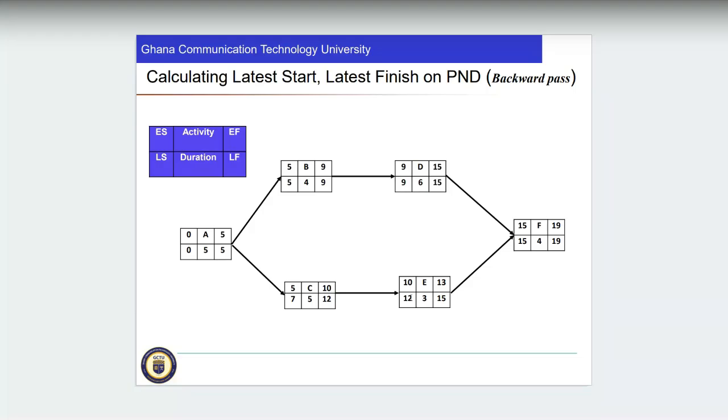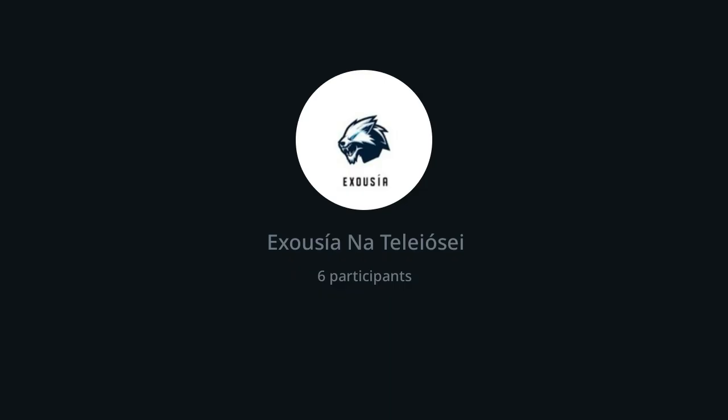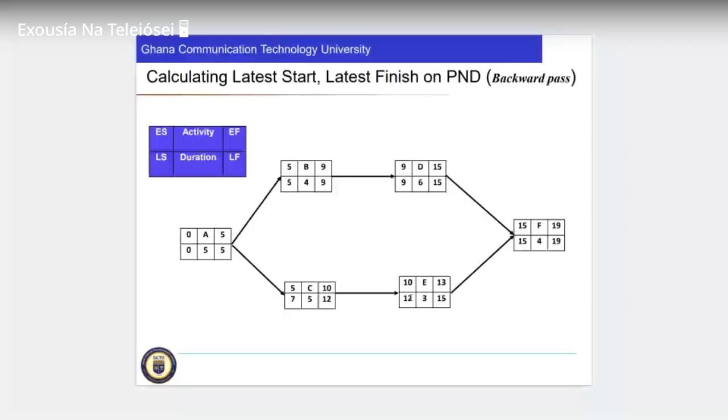I want to see where I wrote it. I wrote it somewhere. I think it is earliest start minus duration, but I want to check whether it is right. So I have earliest start and earliest finish of this particular first one.